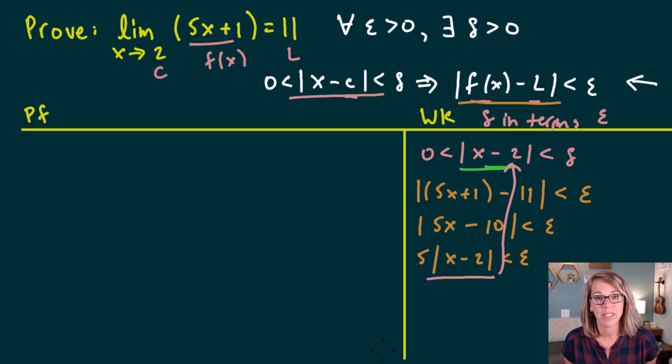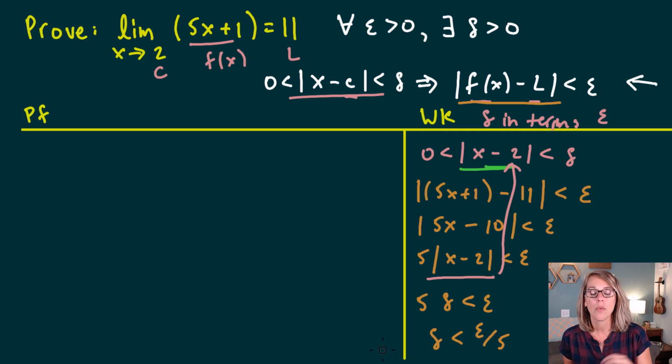So I can go ahead and replace that with delta, and I end up with 5 delta is less than epsilon, and we have that delta is related to epsilon by epsilon over 5. We know we need it to be less than epsilon over 5, so we can go ahead and let it be as big as epsilon fifths. So we are going to choose delta to be epsilon divided by 5.